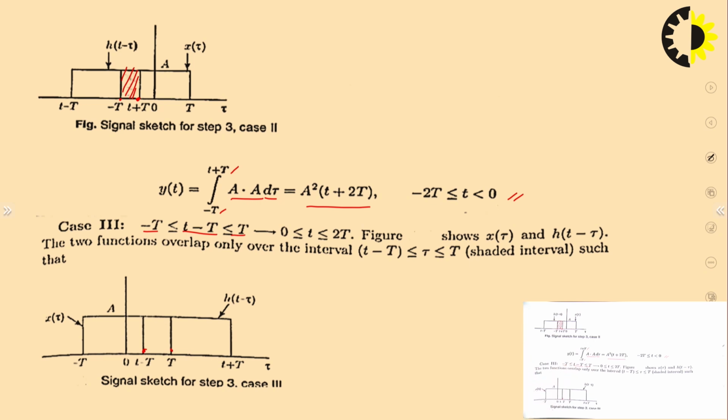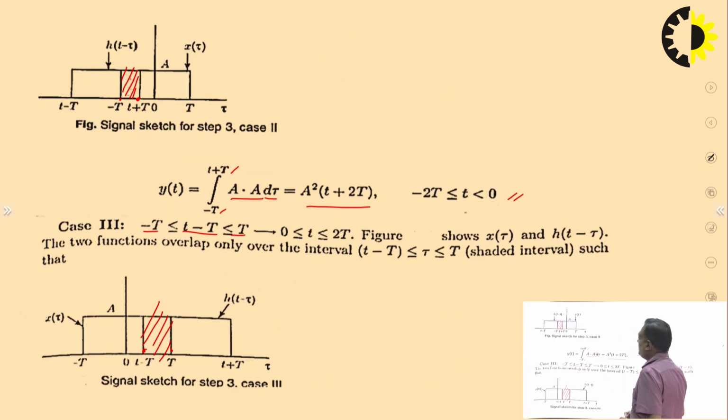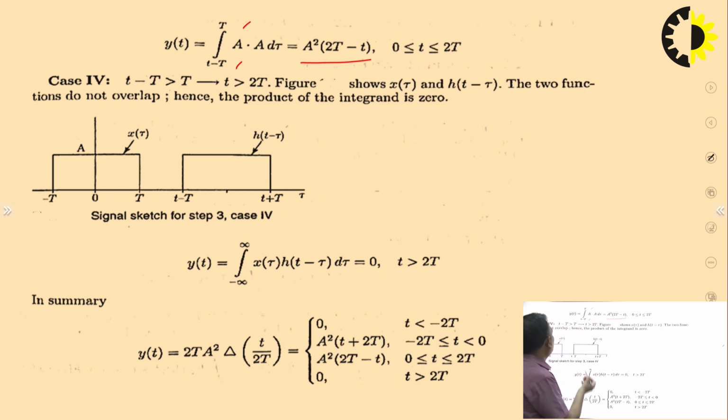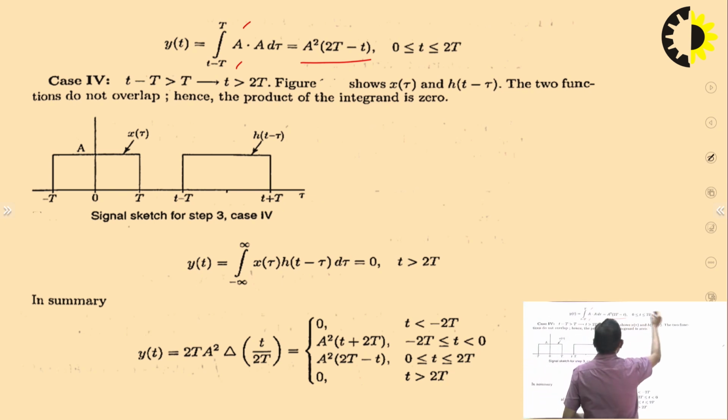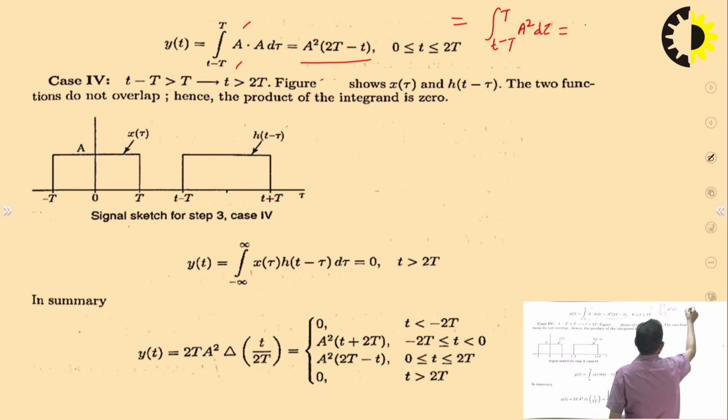In this case we can see the overlapping area is this. So the limit is from t minus T to capital T. Again the amplitude is A into A, which will become A square. You can easily solve it to get A square times 2T minus t. This is the simple integration. The integral from t minus T to T of A square d tau, because A is constant, so we take it outside.